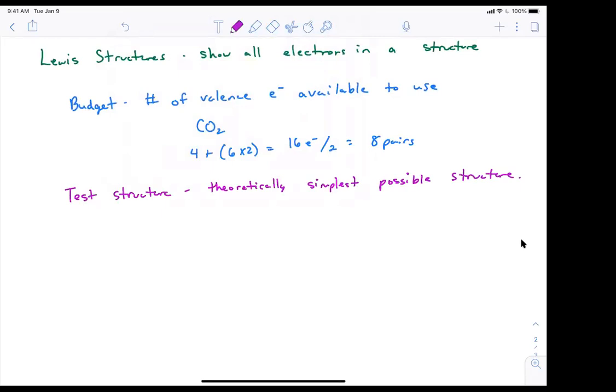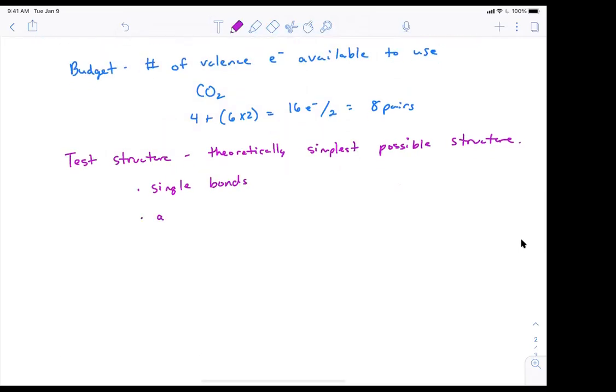And what that means is all single bonds. And that means any atom with 4 or more electrons receives an octet. Meaning that if something's only bonded once to something, then you give that atom 3 lone pairs.